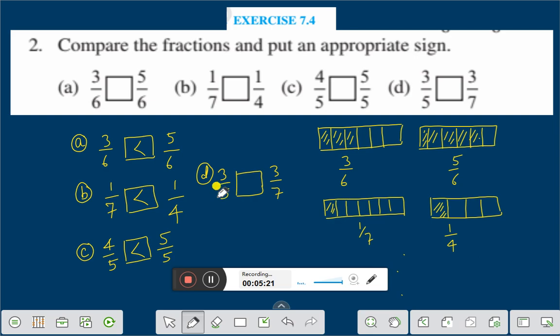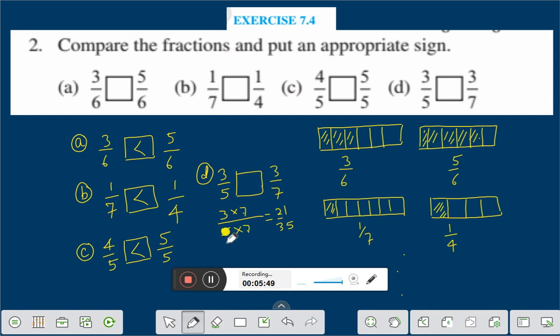Now put the denominator same, that is 3 by 5, and what is the LCM? 5 into 7, that is 35. That means if we multiply 5 with 7 and also 3 with 7, this is 21 by 35. We are making the denominator same.